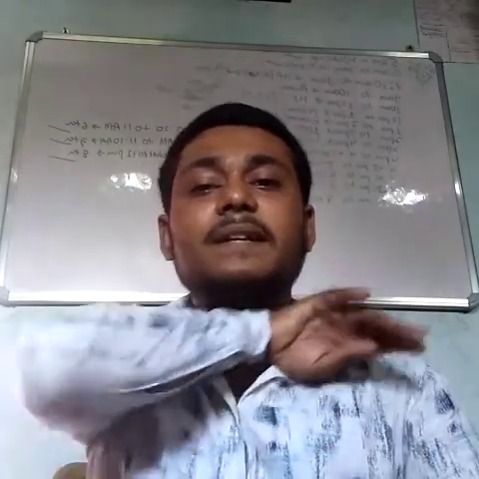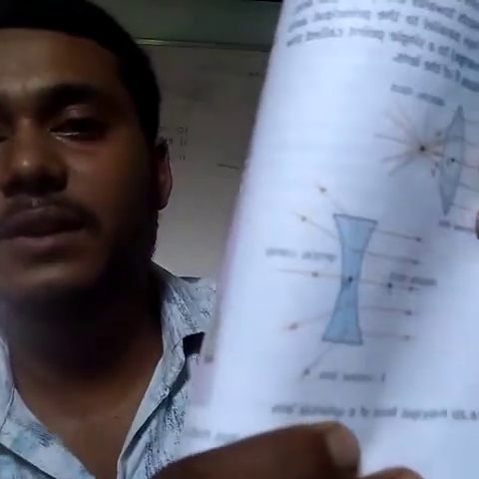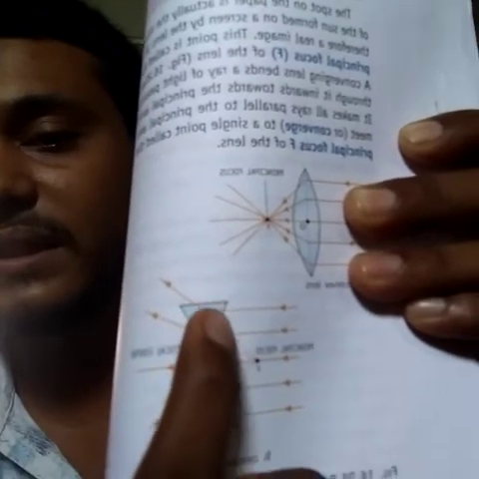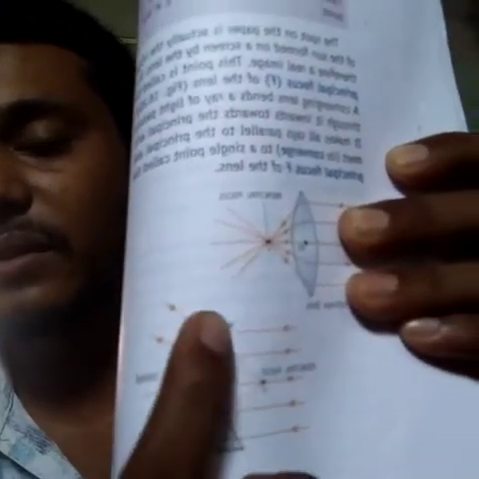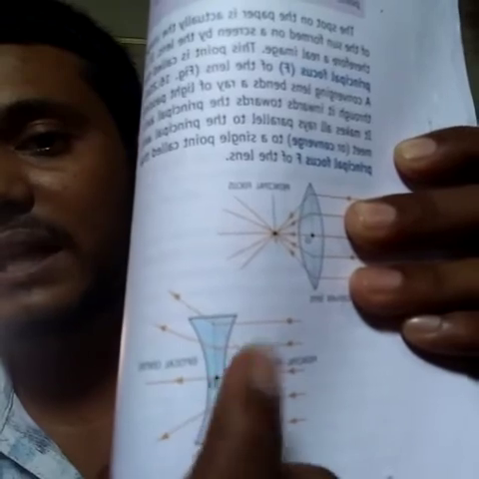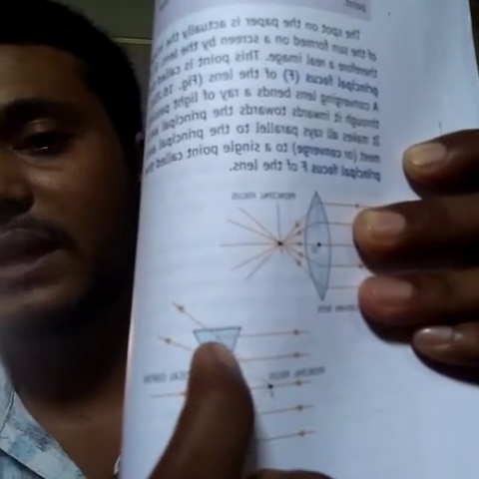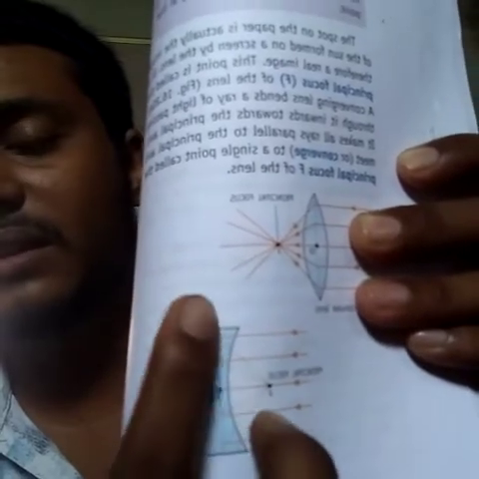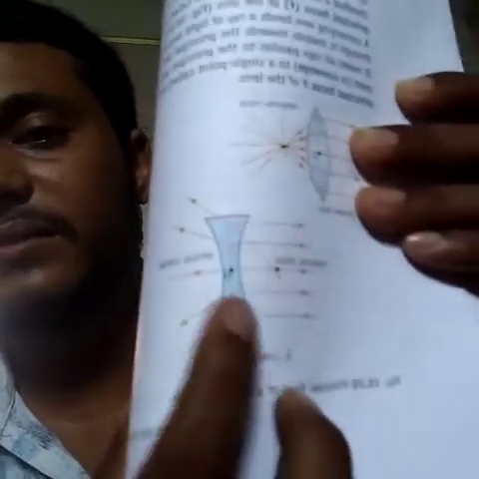Here you can see in this figure that all the incident rays come to the surface of the lens, and after refraction they go in different directions.